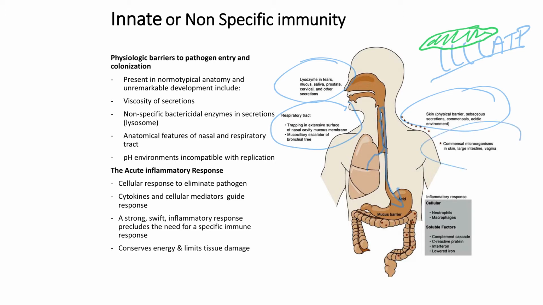Then we finally have the commensal microorganisms, which are more commonly referred to as the good bacteria or the microbiome. And these are present at various entry points to the body, including the vaginal tract, the gastrointestinal tract, and also on the skin.